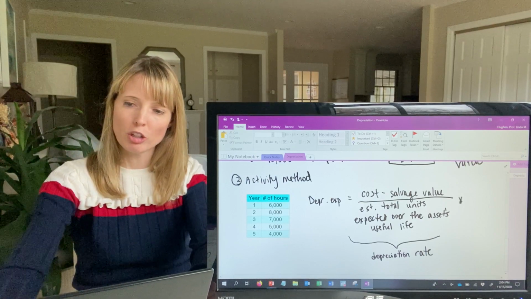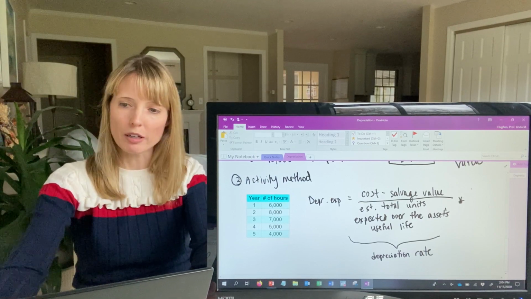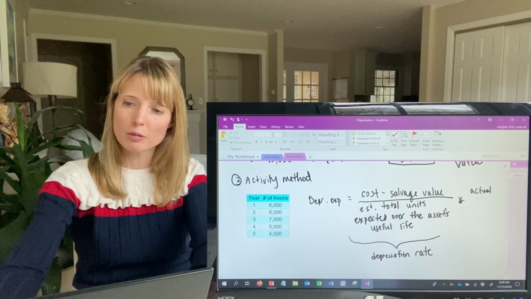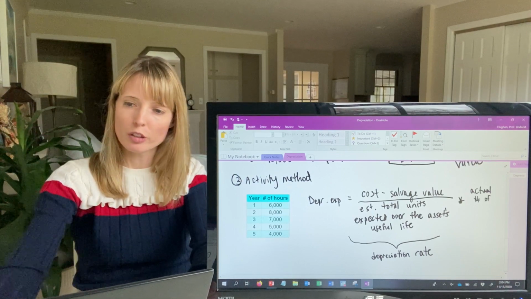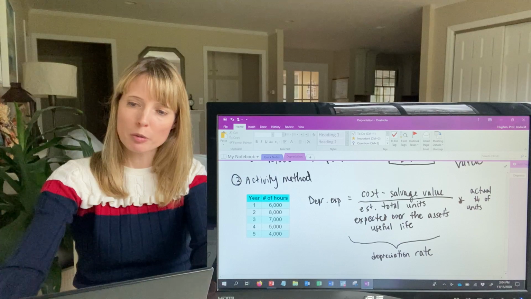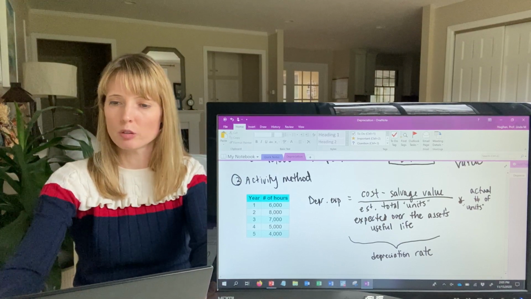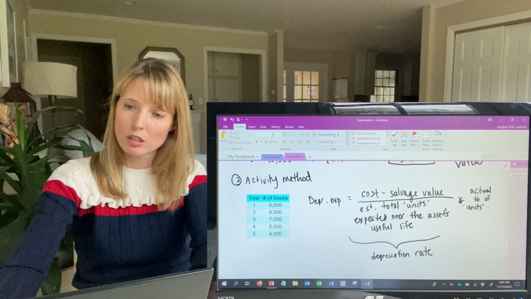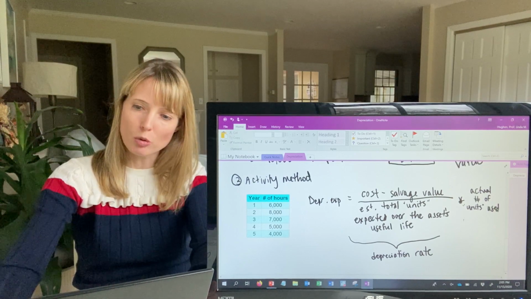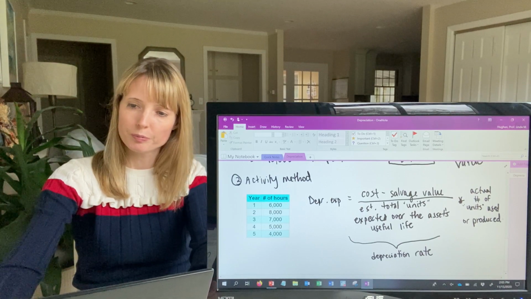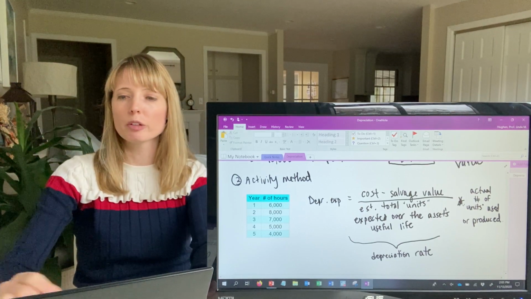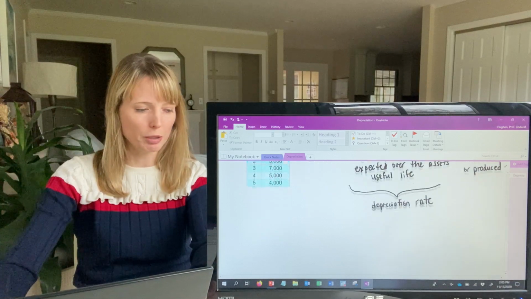And remember, when we say units, that could be hours, miles, number of goods that were produced, used, or produced during the period. And that will give you your depreciation expense for the period.